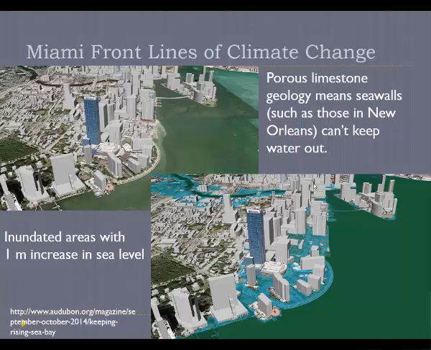So even if Miami works to build a big seawall around the edge of the city, as places like New Orleans have done, the porous nature of the bedrock on which the city is built is allowing water to come up from the ground and inundate the city from below, not just from the side. And so places like Miami are particularly vulnerable to these types of changes.